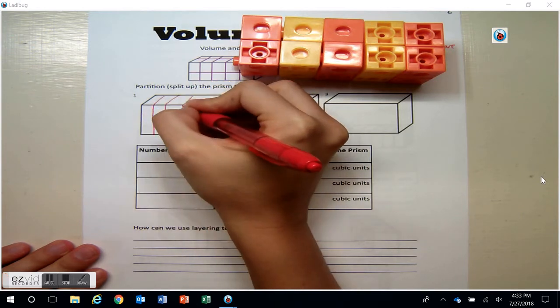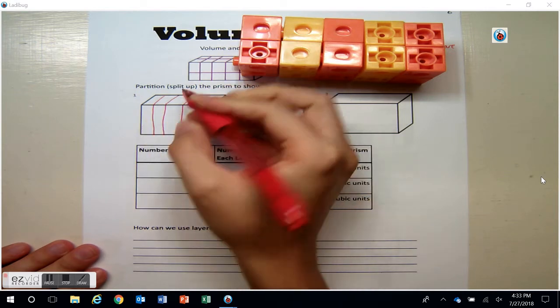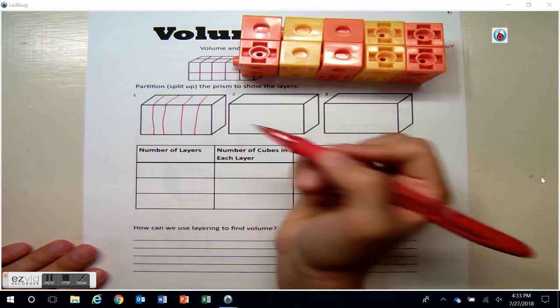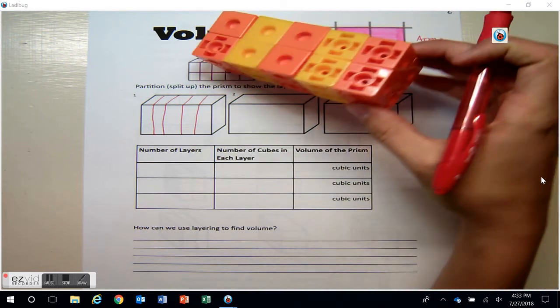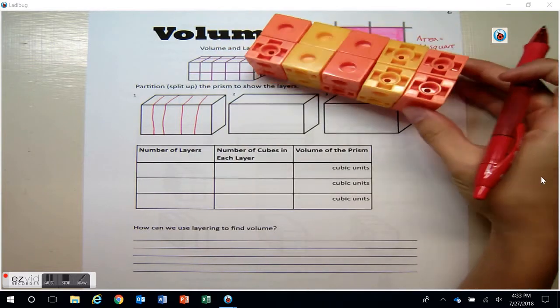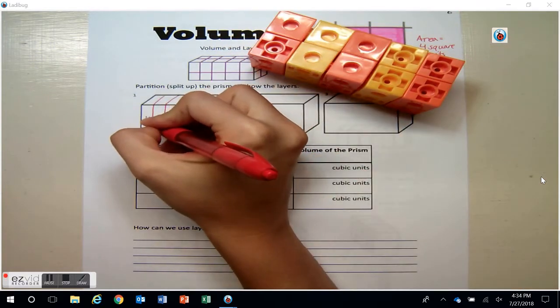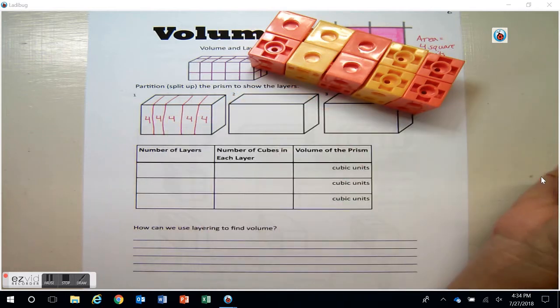I wish I drew them a little more straight. That's how we split that shape up. And how many cubes were in each of those layers? Each of those layers had, that's right, 4 cubes in each layer.